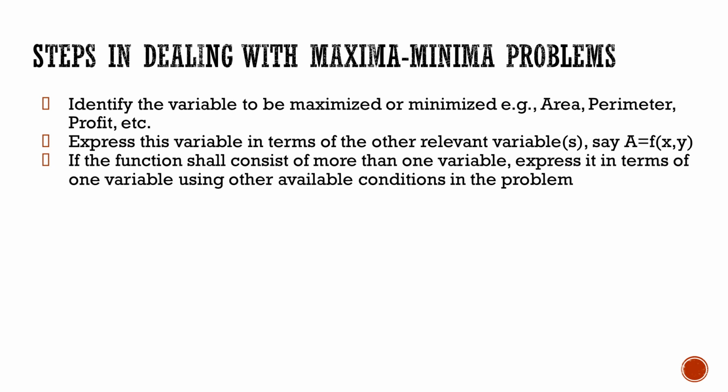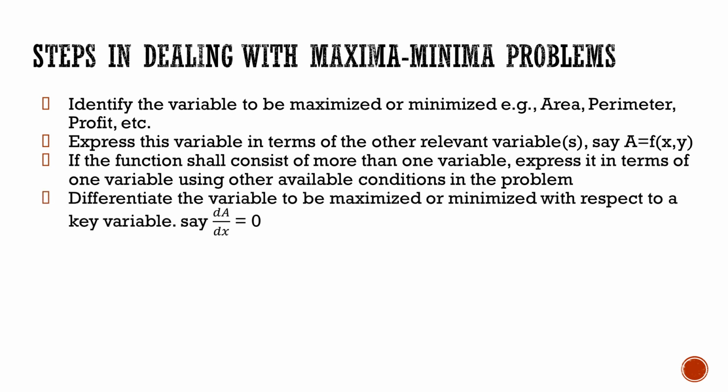Dapat yung variable na i-maximize or minimize mo with respect to only a single variable. So that's the concept. And then of course, kung nagawa mo yun, all you have to do is to differentiate that variable with respect to the chosen variable. Okay? The chosen key variable. And then after which, we can now calculate the unknown.